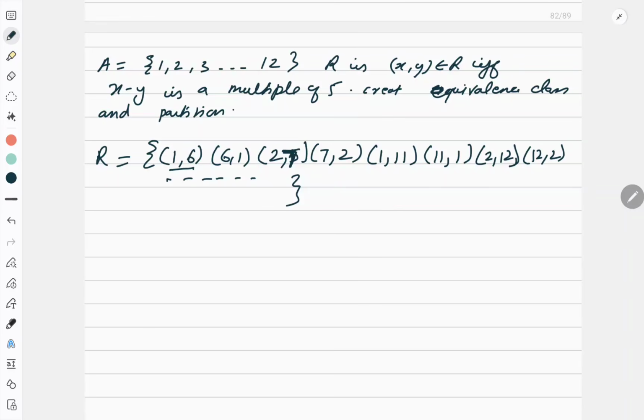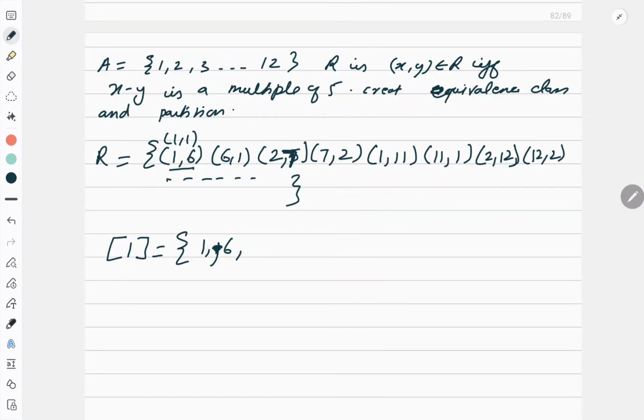Now, what exactly is my question? You have to create the equivalence classes. For 1, obviously (1, 1) will be there for sure, because 1 minus 1 is 0, which is a multiple of 5. So the first element will be 1, the second will be 6.